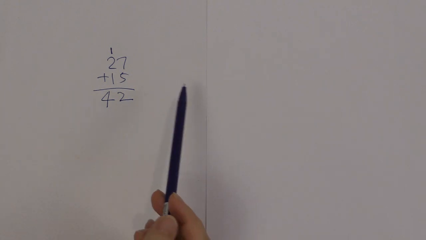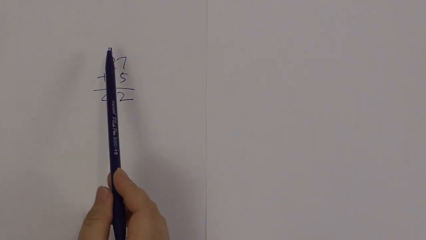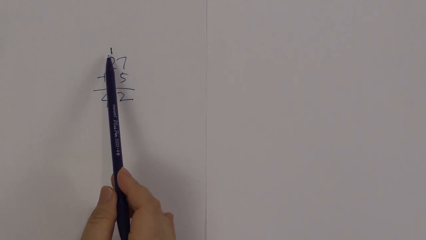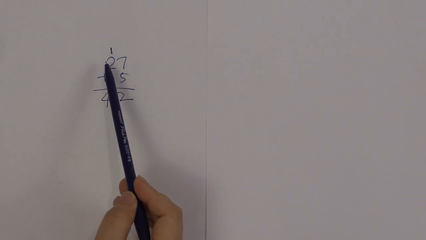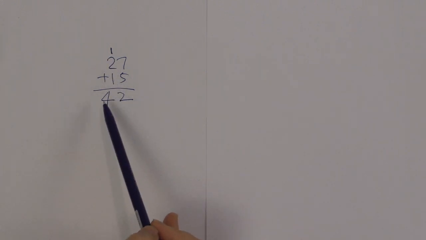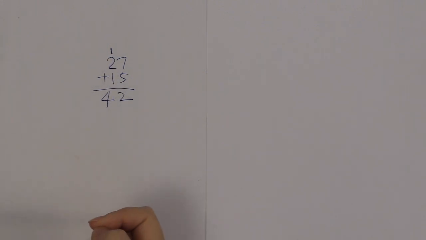Another thing is that we carry 1 up here, but this is really not 1, this is a 10, right? So we are supposed to say 10 plus 20 plus 10 is 40. So this is place value here. If we don't use place value when we teach mathematics, how can kids understand the place value concept when they are doing addition problems?